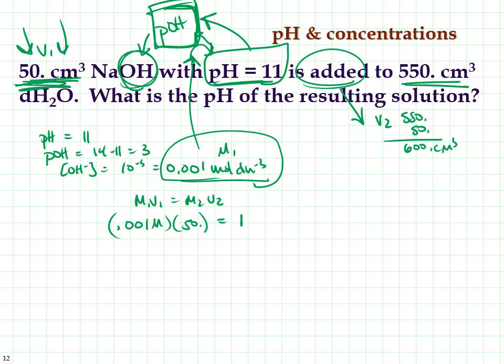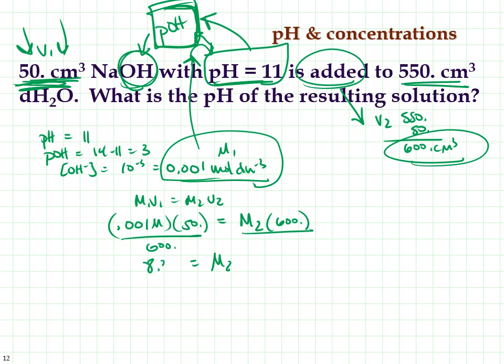Set that equal to M2, which I don't know yet, times V2, the sum of those two things that I added, that base and then the water, which is 600 cubic centimeters. Multiply and divide, and our new molarity is going to be 0.001 times 50 divided by 600, and we get 8.3 times 10 to the minus 5 molar or moles per cubic decimeter.